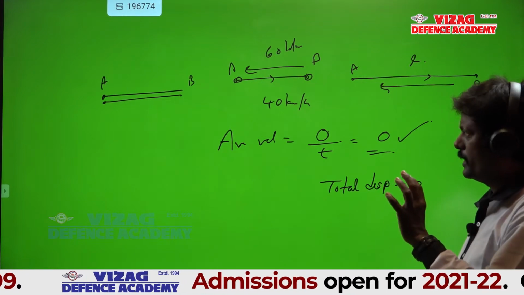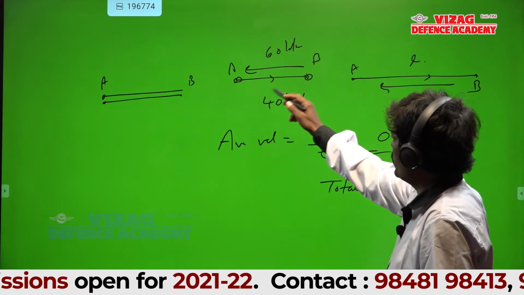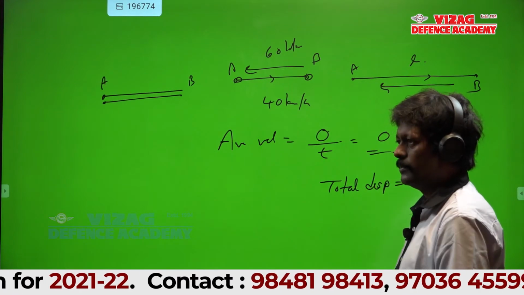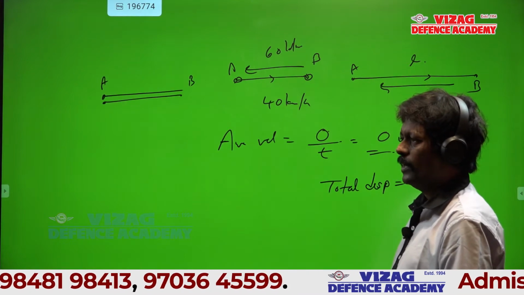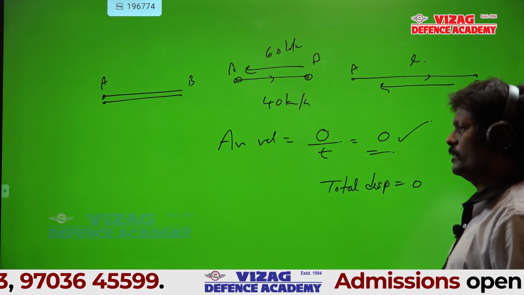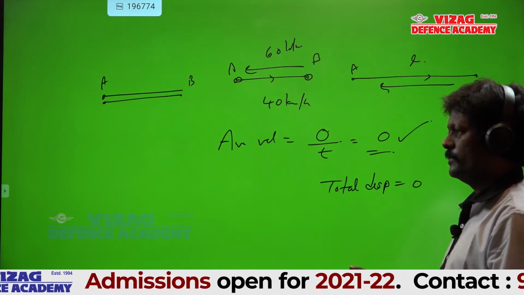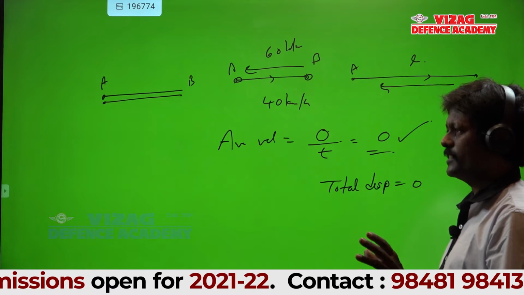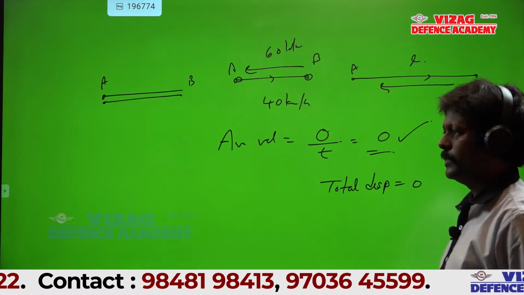Now you will have a big doubt. Actually it has gone from A to B with some velocity, B to A with some other velocity. How can this average velocity be 0, sir? Suppose in one exam you got 60 marks, in the next exam you got 40 marks.